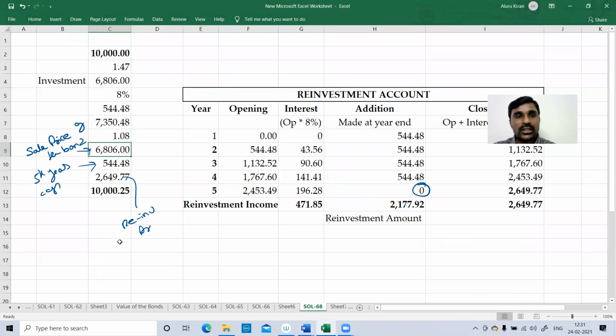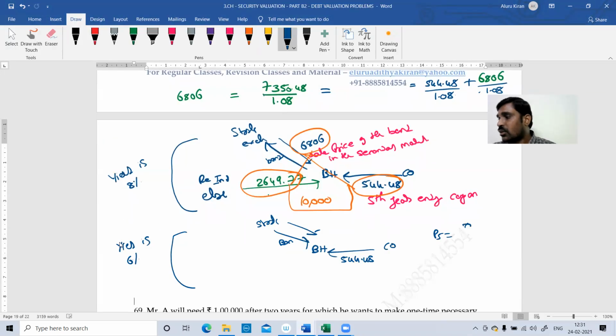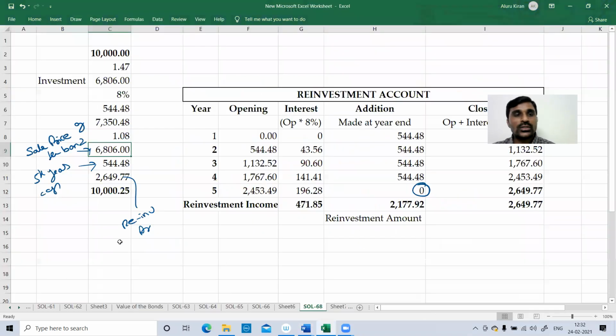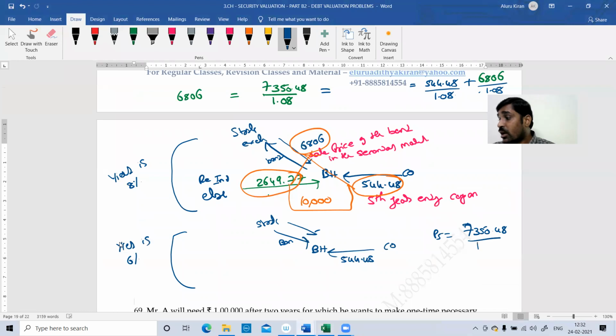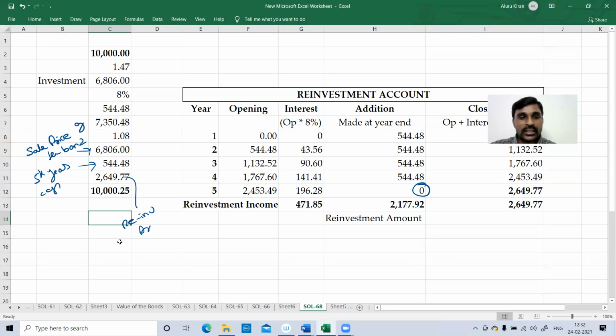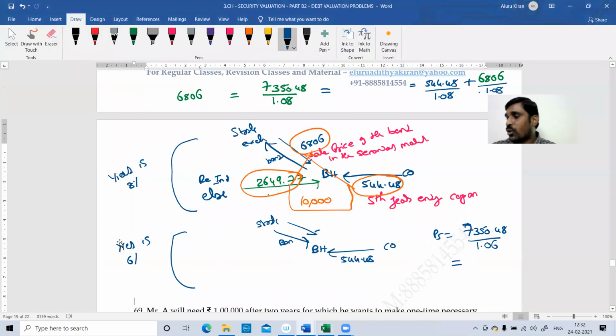How much is it? 7,350.48. 7,350.48 divided by 1.06, because the yield is 6%. This will be 6,934.42. This will change.